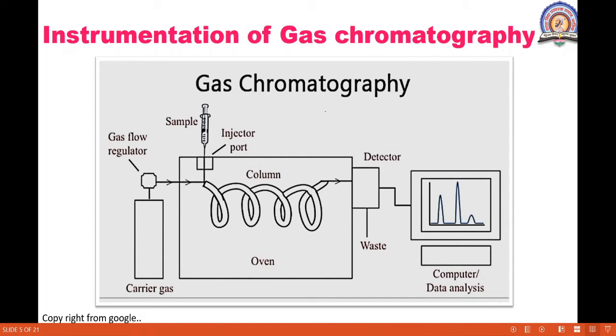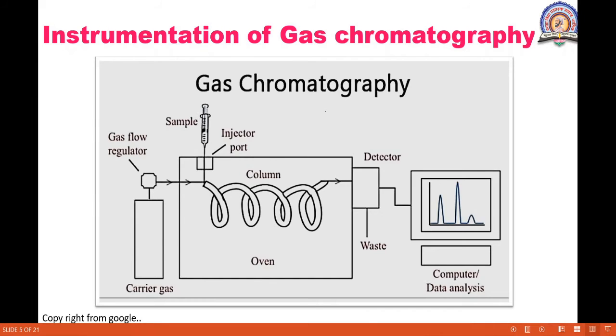So when we introduce a liquid or solid sample from this side, due to the oven temperature, it gets heated and converted into gas. And these gaseous samples are analyzed here, and finally get detected in the detector and the computer analyzes all the data. Okay, this is the instrumentation of gas chromatography.